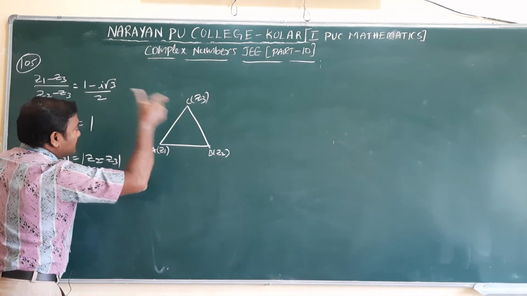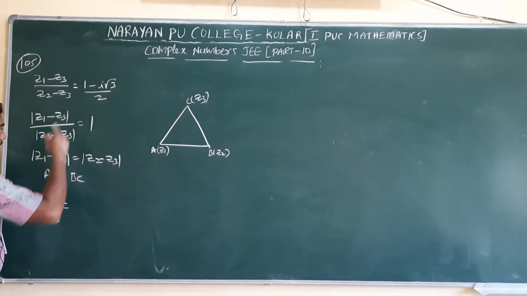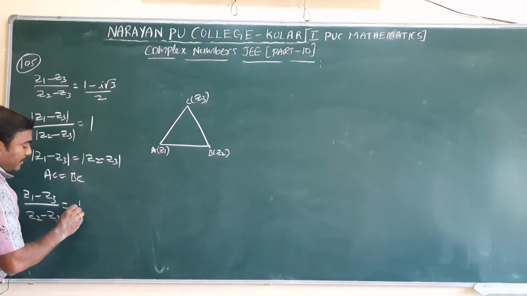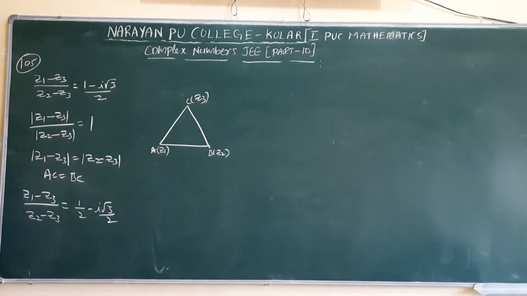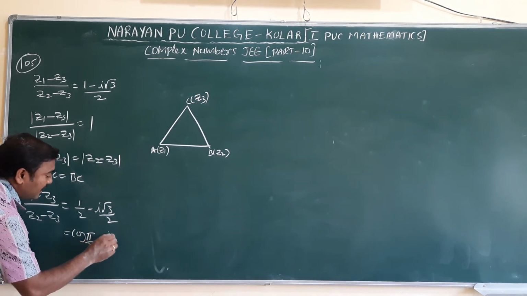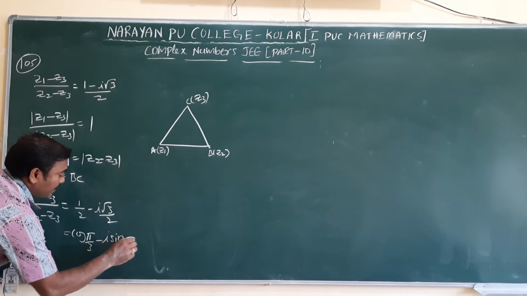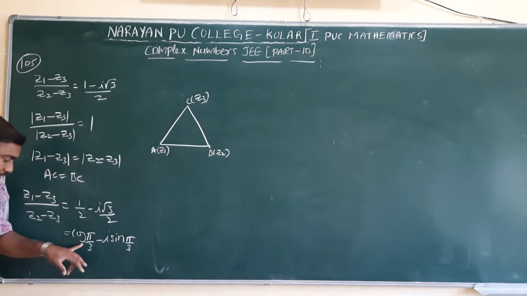Now z1 minus z3 divided by z2 minus z3 can be written as 1 by 2 minus i root 3 by 2, which is cos of pi by 3 minus i sin of pi by 3. So the angle theta should be pi by 3.